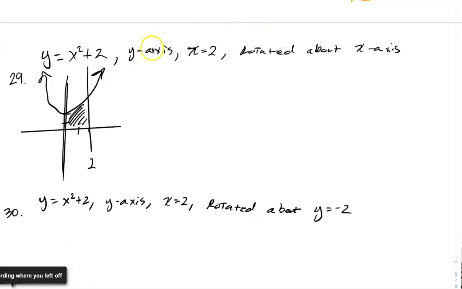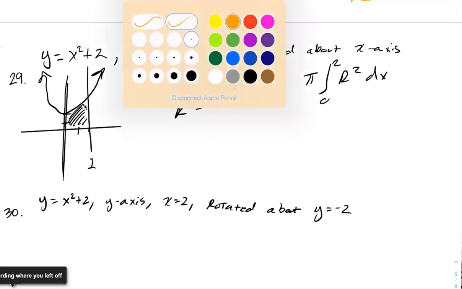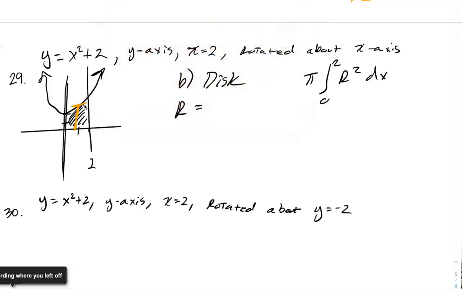Now notice this one, it's only one equation really, right? We're not going top minus bottom, it's just one equation. So this is actually a disk method. We haven't done this in a while. That says pi times the integral of capital R squared dx, and we go from 0 to 2. So what's my capital R? Same thing as always. Top minus bottom, right? So it's top minus the bottom. So x squared plus 2 minus 0.